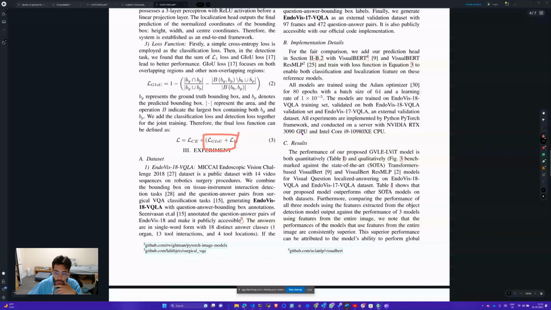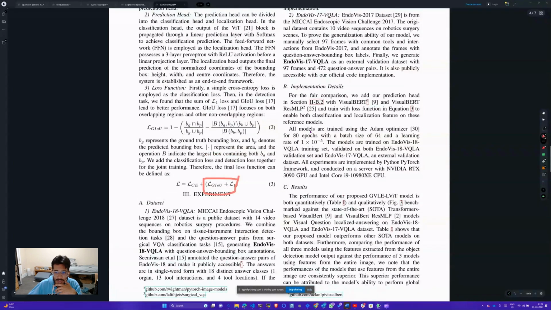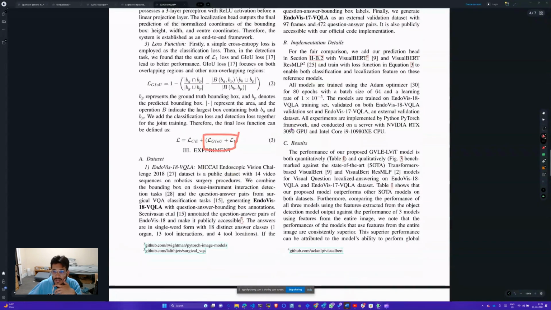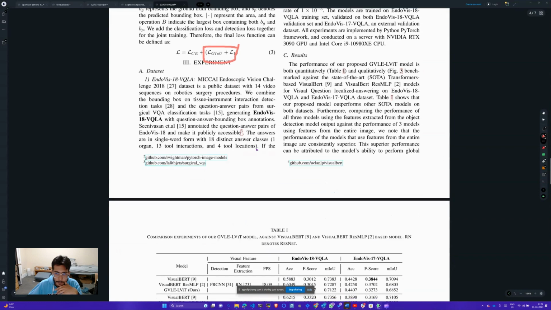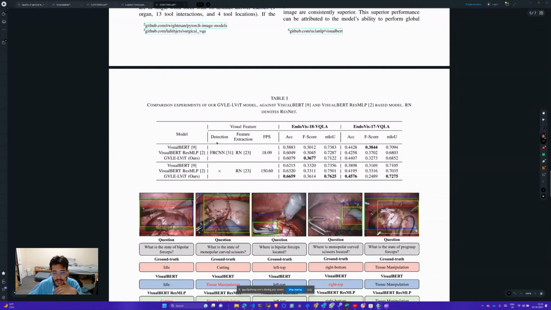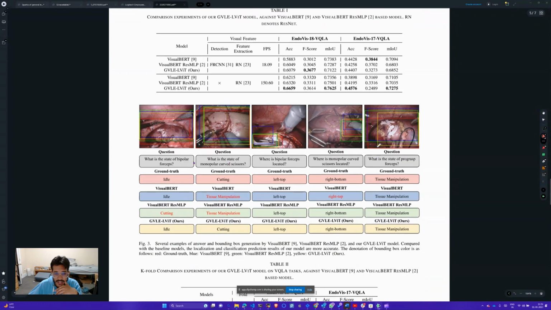And they have provided some results of their implementation details, with the optimizers and the framework that they used. Now, looking at the results here, we can see EndoVis 17 VQLA, this is the 17 one, this is the 18 one. Before we look at the results, here is what the data looks like.